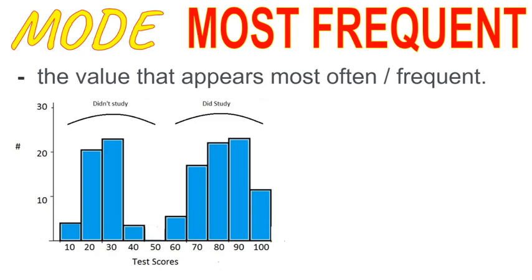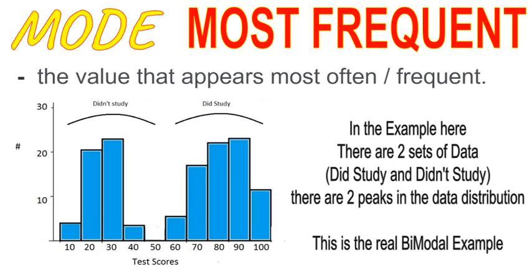Okay, and for the group which studied for the exam, the score that repeats most often in this group is 90. Since there are two groups here, there are also two peaks. One peak for the group that didn't study, and one peak for the group that did study. So this is actually a good example of the bimodal.